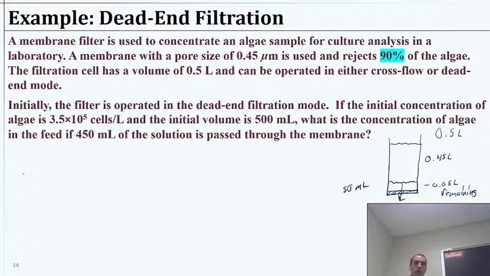So let's write that out. We had 0.45 liters filtered, and what we want to find really is the cell concentration. I'm going to say that as N, cells per liter. So N naught is 3.5 times 10 to the 5th.